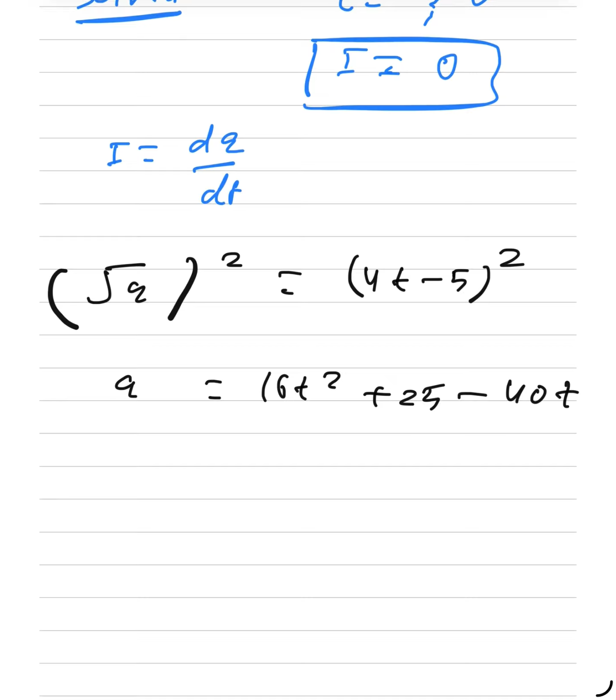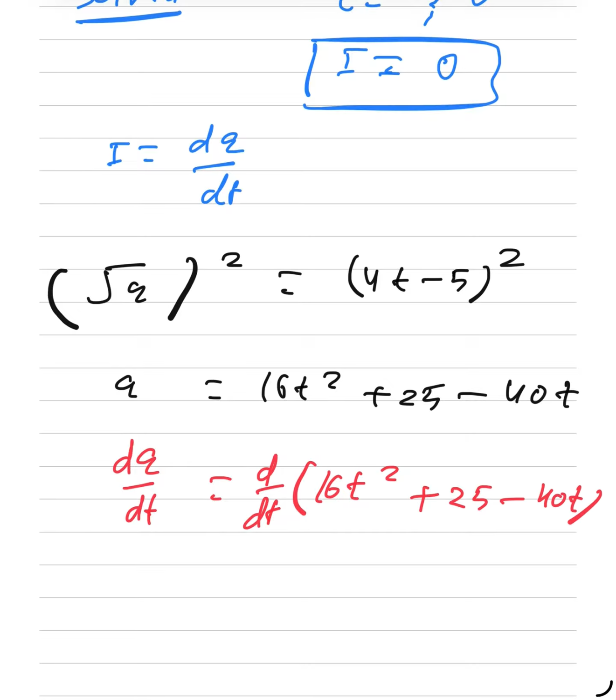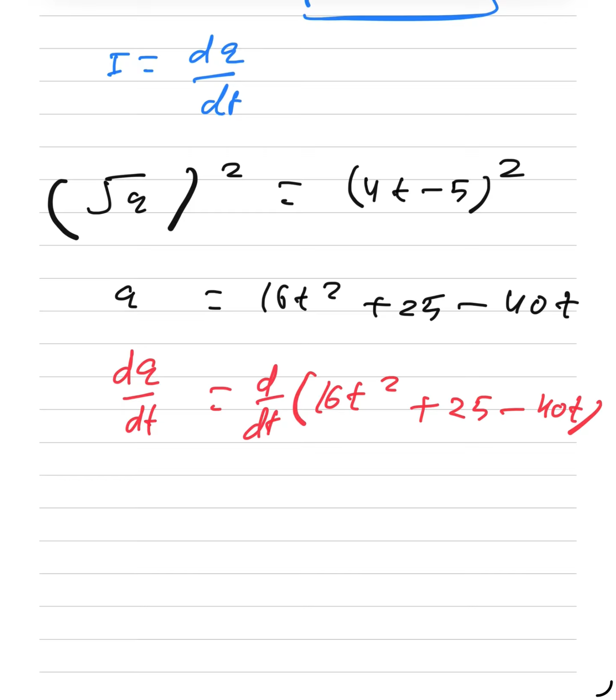For the value of electric current, dq divided by dt equal to d by dt of 16t square plus 25 minus 40t, right, and this value equals 0 according to the question.